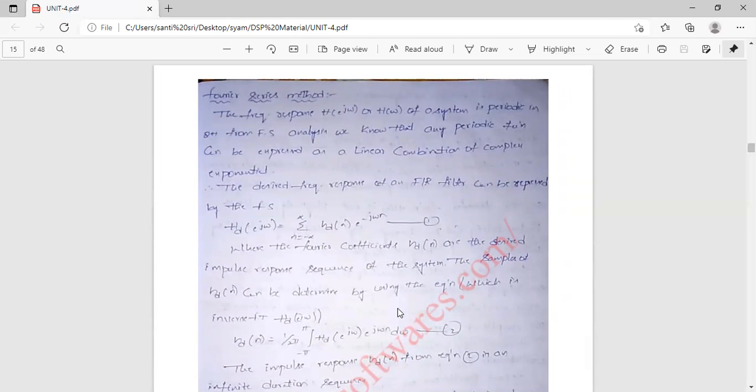The frequency response H of e power j omega, or H of omega, of a system is periodic.